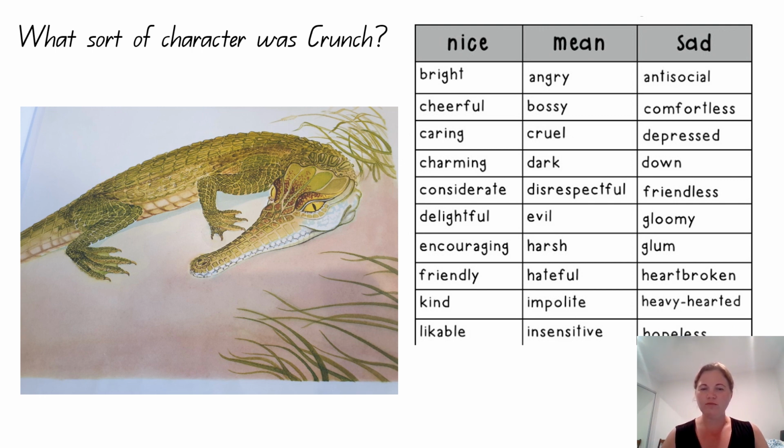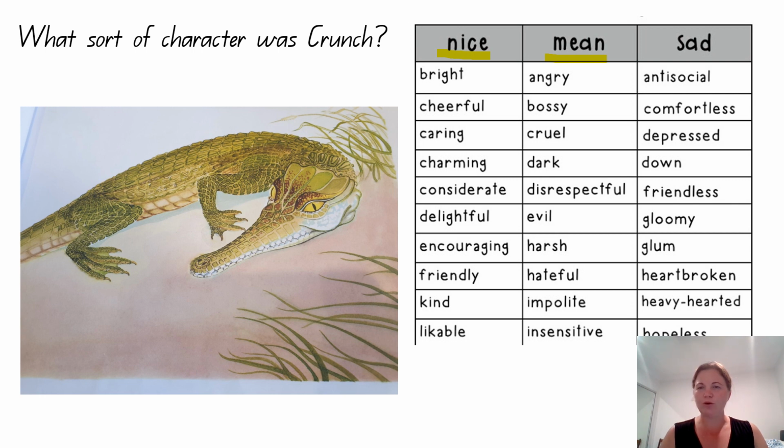There are 3 columns in this list. One column talks about nice character traits, like bright, cheerful, and caring. Do you think that Crunch was a caring character in the story? The second column looks at the word mean.